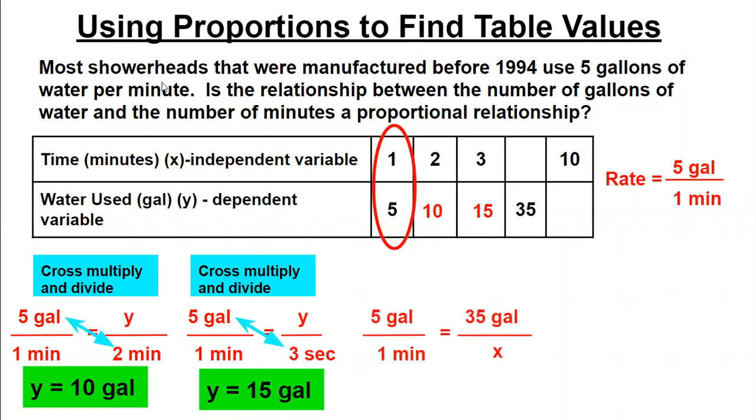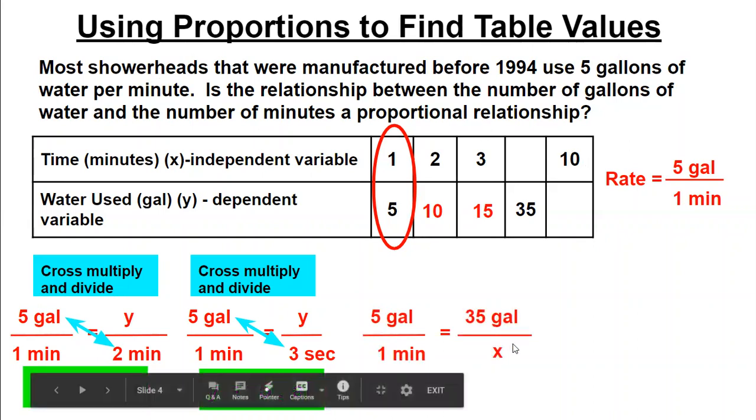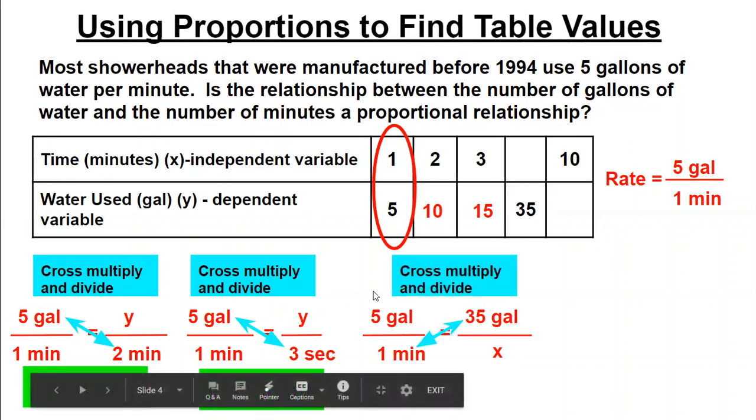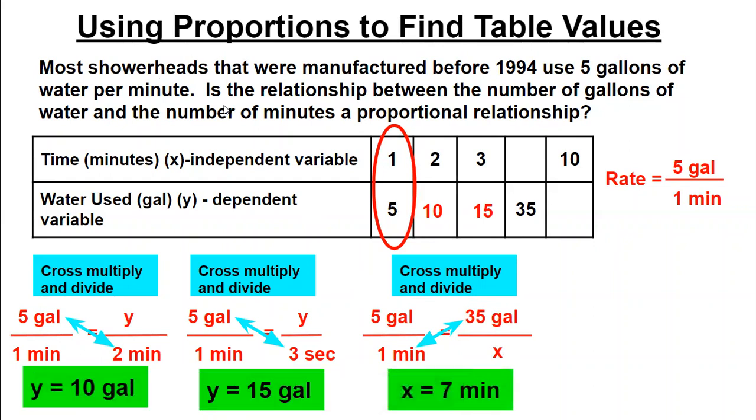X is missing this time, so x is on the bottom. The minutes are missing. So when we cross multiply this time, we're cross multiplying these two diagonally. So it's 35 times 1 divided by 5, which is 7 minutes.